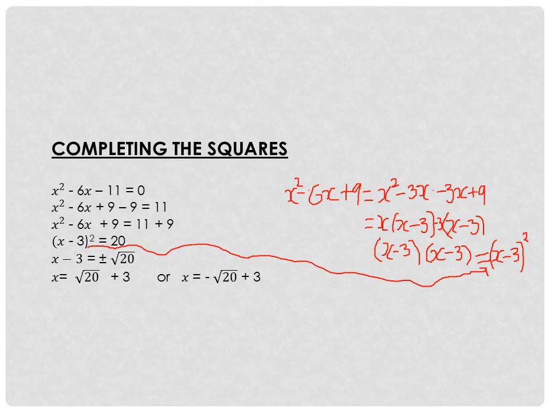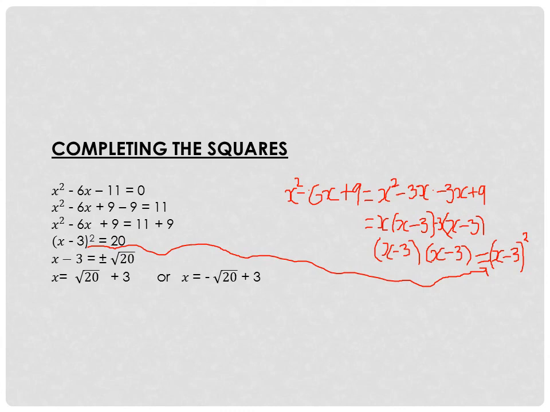Negative 3 times negative 3 gives positive 9, and negative 3 minus 3 gives negative 6. So now we put the two numbers in the equation. We are going to have x to the power 2 minus 3x minus 3x plus 9.